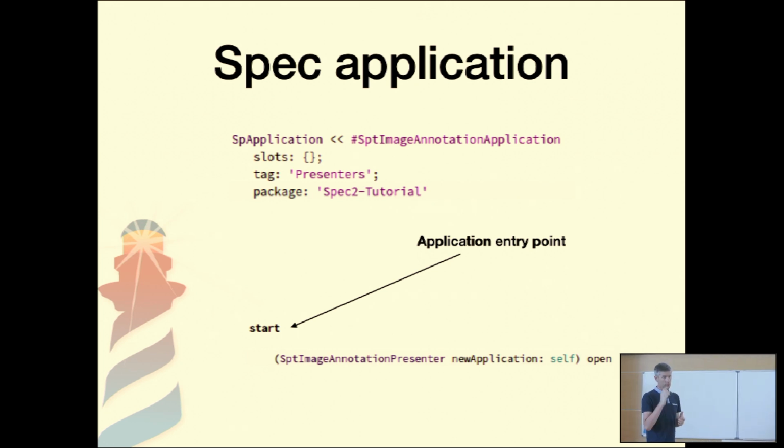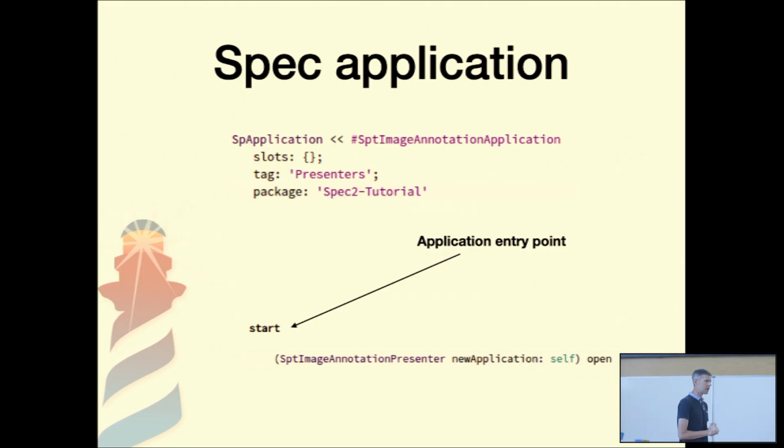Another concept we have is that you can define all your presenters and combine them, defining communication between the presenters. And at the end, you have this object, a spec application. You should define a class that inherits from spec application.